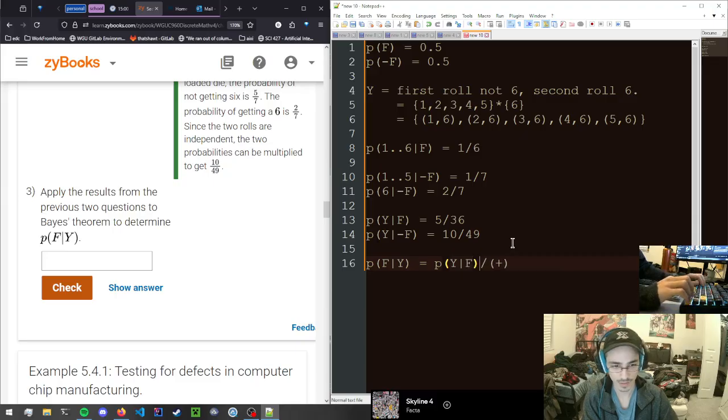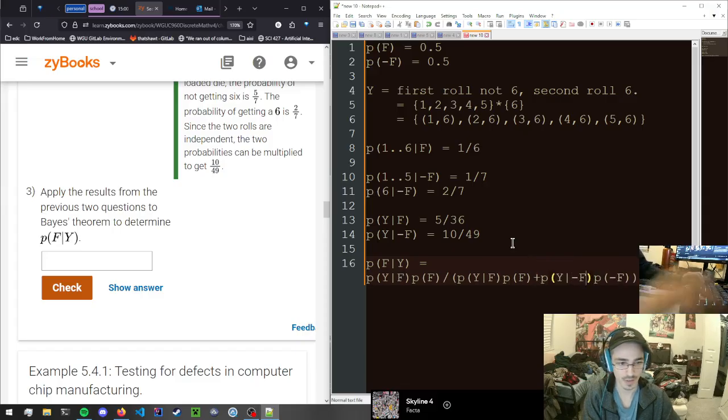We got this times that, and then we do the same thing except the complement for this. And then that's it. So let's plug in the numbers.